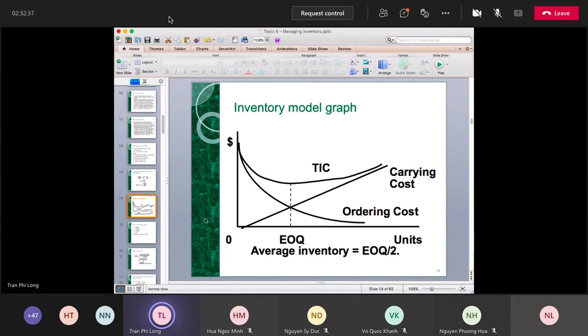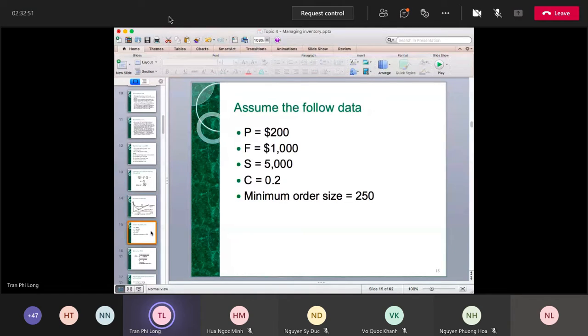And you will find out that at the optimal level of inventory, the carrying cost will equal the ordering cost, at this point. So assume that we have the following data. Can you calculate the optimal level for the inventory for me? You have maybe 1 minute to calculate it.